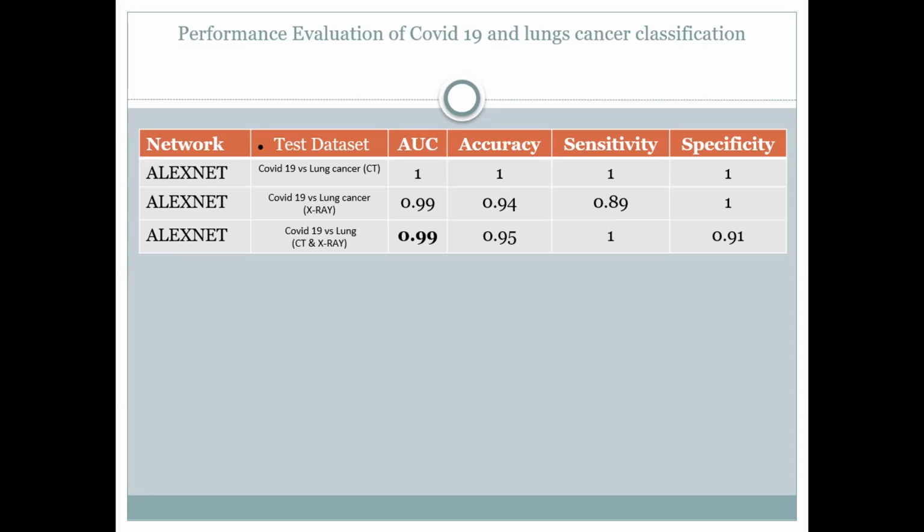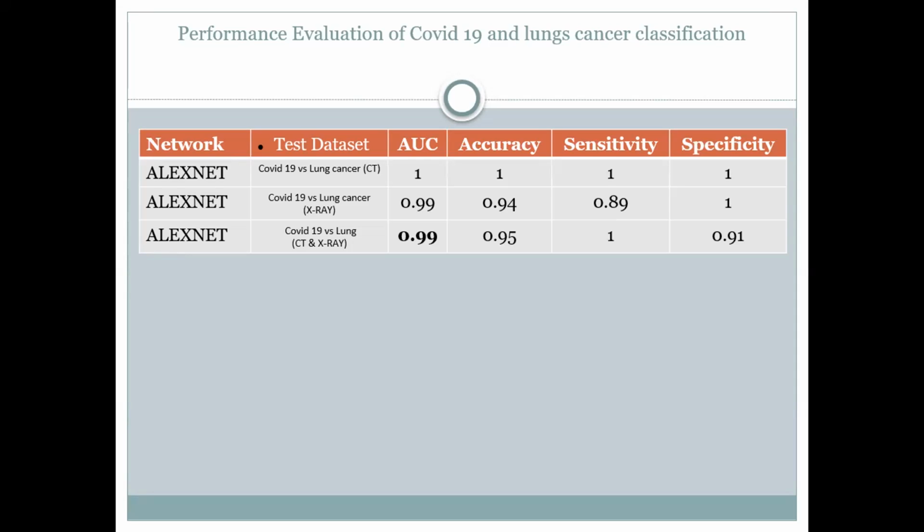And then the multimodal classification, which means that we classify a mixture of both COVID-19 CT and X-ray scans, and lung cancer CT and X-ray scans. So we mix them up together and try to classify them and see if there will be much effect on the classification.